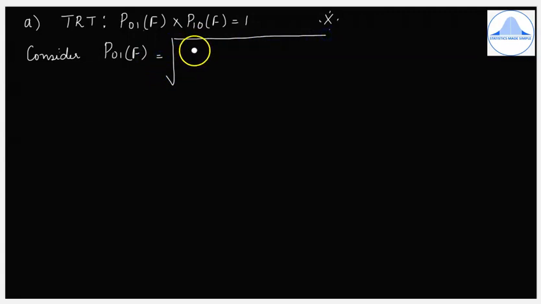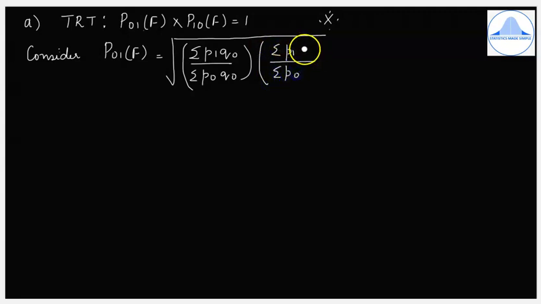How to remember the formula is first write summation P1 divided by summation P0, then multiply the numerator and denominator by Q0. So this is Laspeyres without the 100. Next, into summation P1 divided by summation P0, then multiply the numerator and denominator by Q1, which is Paasche's without the 100.